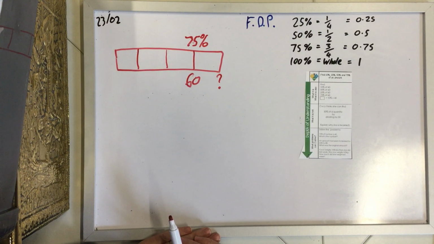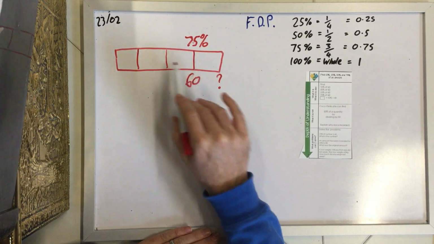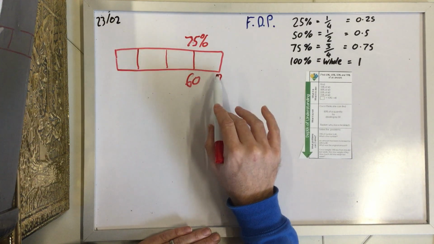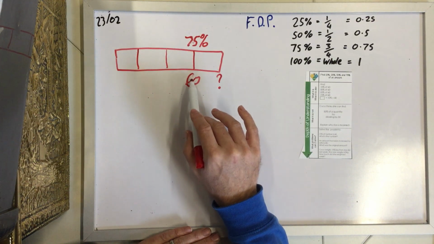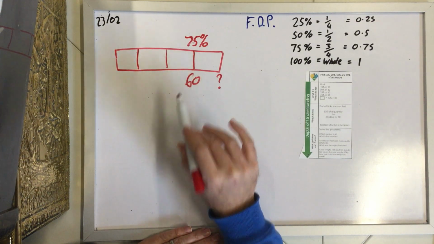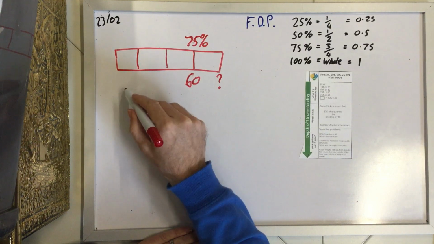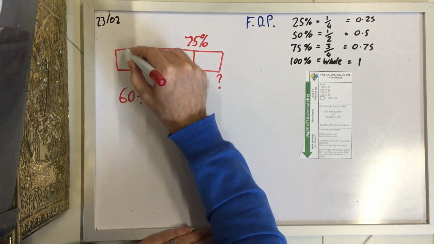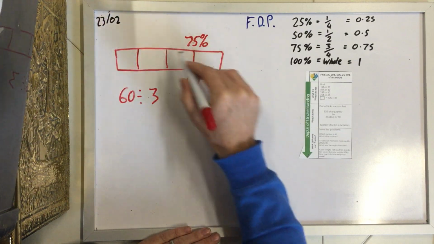There are a couple of different ways. If we know 3/4 is 60, we know that 4/4 will be equivalent. So we can divide the 60 by 3, because we've got 3 sections out of our 4.